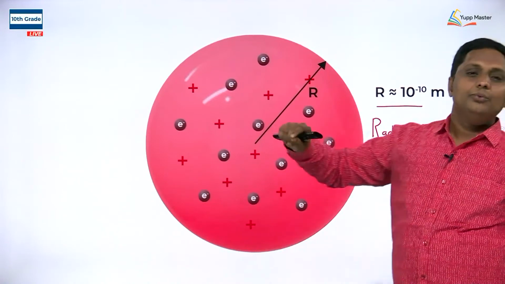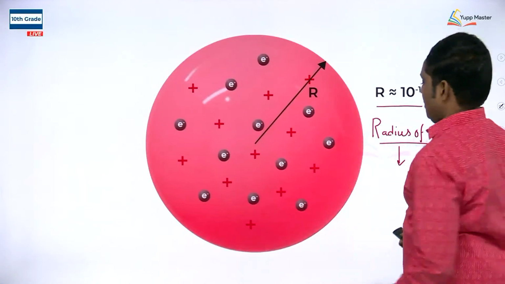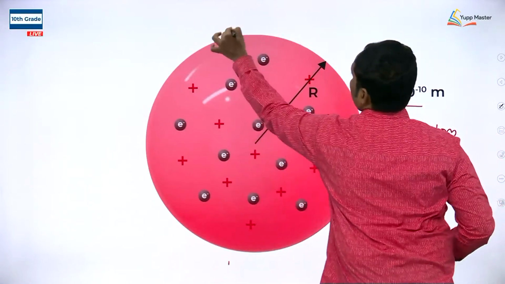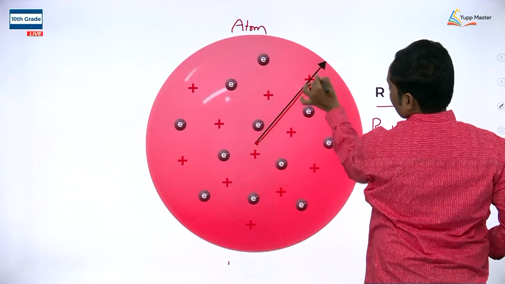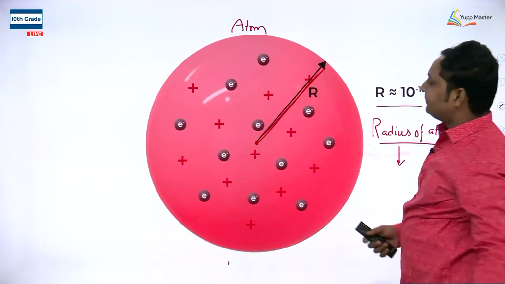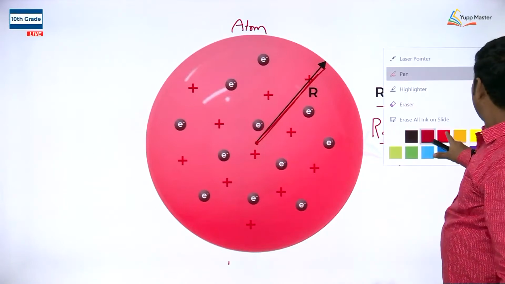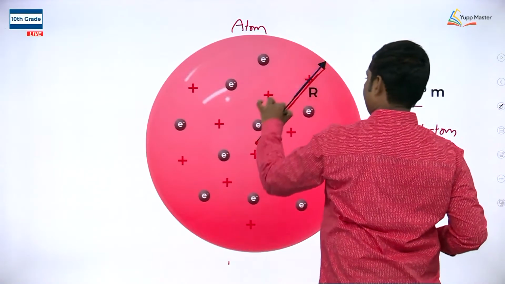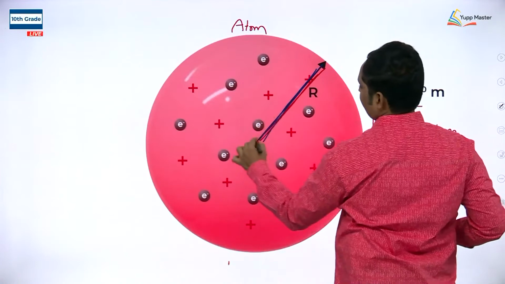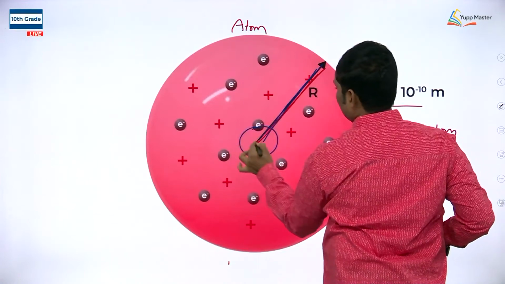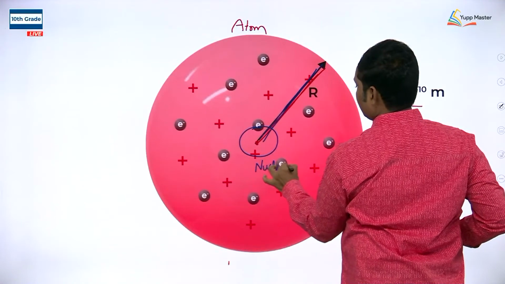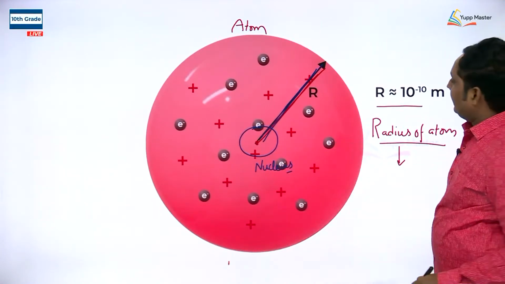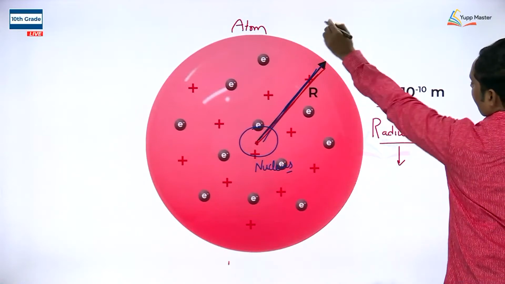We are going to microscopic phenomena, right. We are going to get this one, this is the atom. Let us assume, in order to represent that radius, yeah, you have to take this one, this is the radius. So, you can take that nucleus, yeah, you are going to take that nucleus, yes. So, R is the radius of atom.